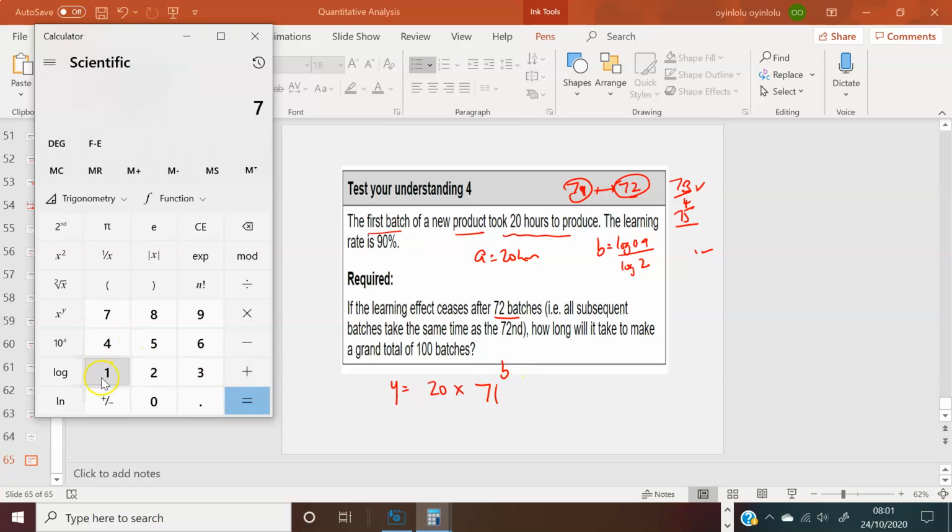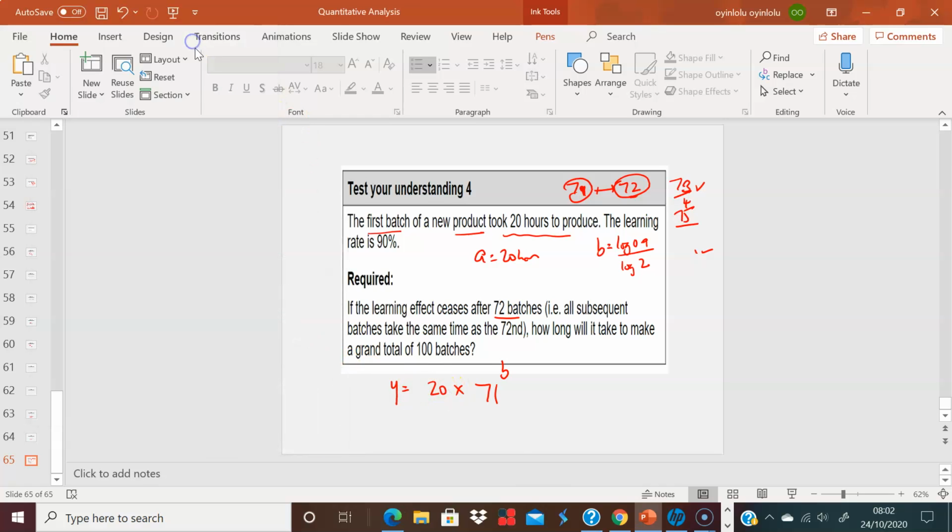So 71 raised to memory recall, and that gives me 0.523. I'm just going to keep doing everything on this to keep everything as a whole. So I have 71 raised to the power of B as 0.523, and I'm going to multiply that by 20, of course, and therefore I find out that my average time is 10.462.